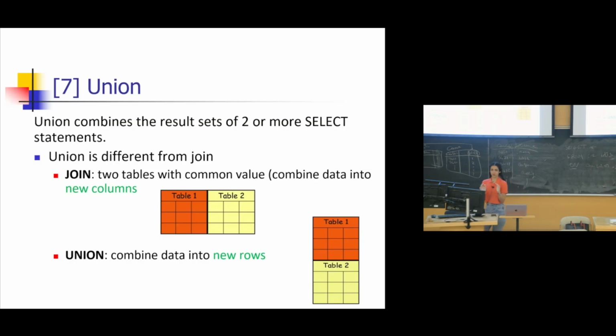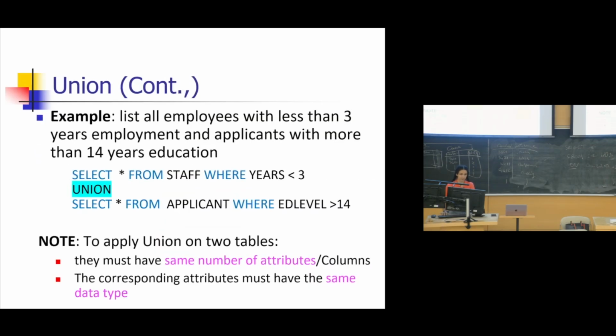So the two tables should have the same number of columns and the same data types, because it's going to create a new table with the same number of columns. It should know, for example, the data type of this column. If the data types of table 1 and 2 are not the same, how can it decide the data type of this column in the resulting table? So they should be the same.